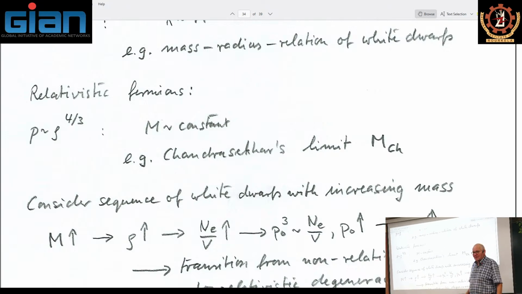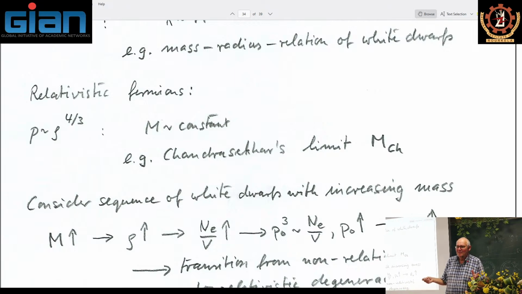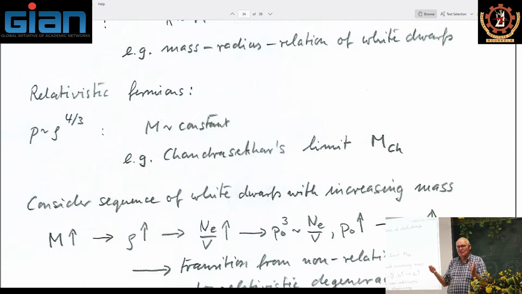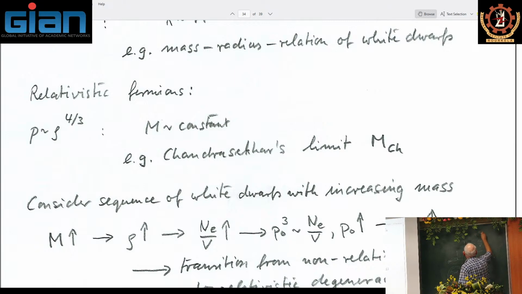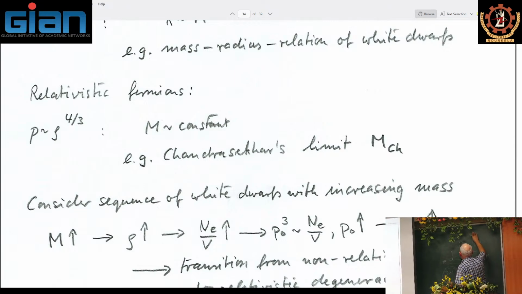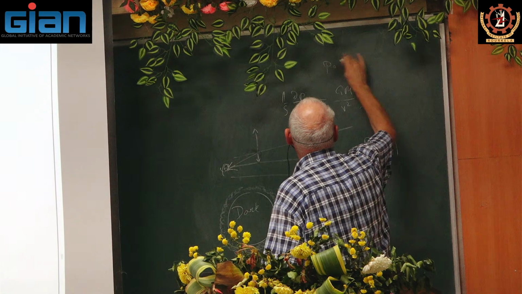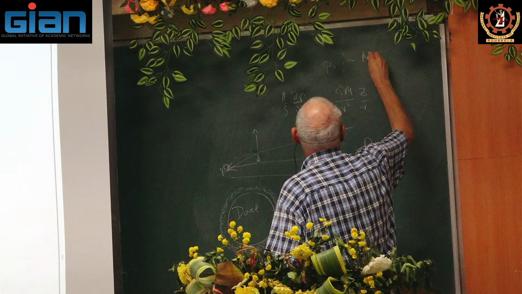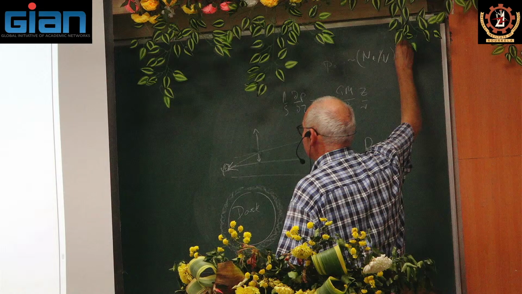That means the number density of electrons, in terms of the Fermi momentum, the maximum momentum in the distribution of our electrons, once it's completely degenerate, we have P naught proportional to the number density of electrons to the power 1/3.